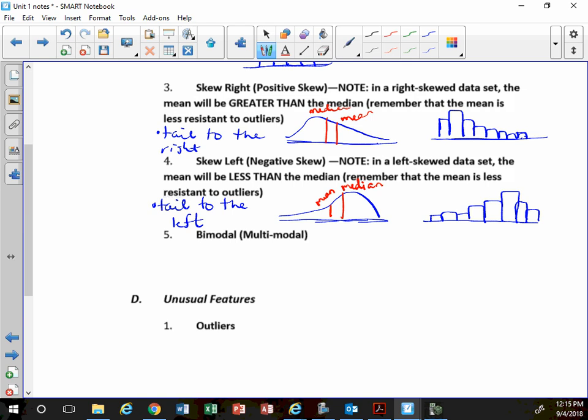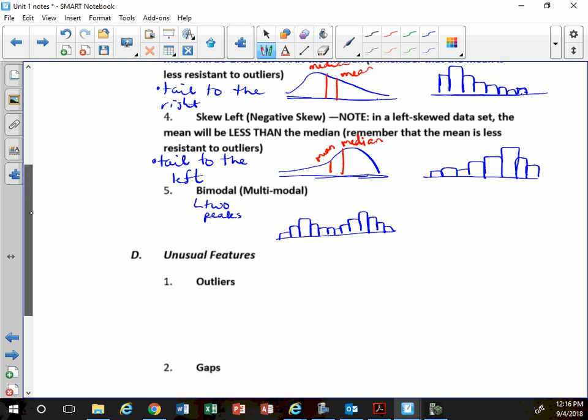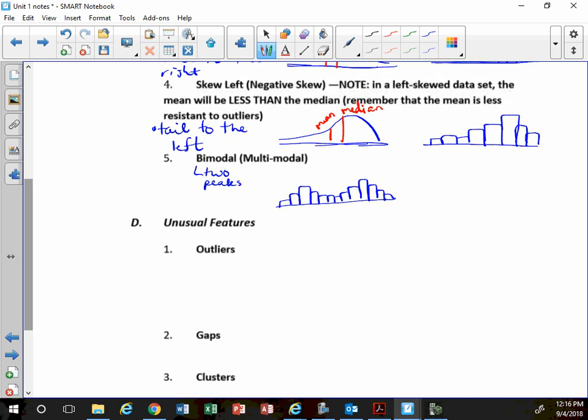So if we draw a bimodal one, which is two peaks, your two peaks here may not be the exact same height, so it may not truly have two modes.